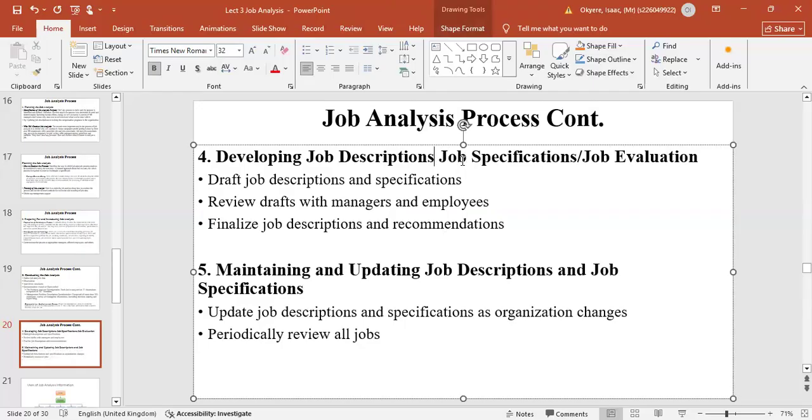So you will be able to determine what people are expected to do, and their qualifications. And remember, when we talk about job evaluation, we are talking about how much money you are expected to be paid. Job evaluation is about the amount that you are expected to be paid.